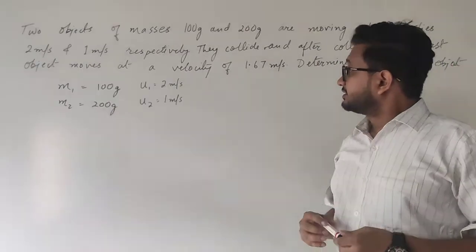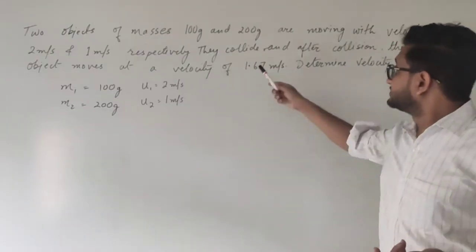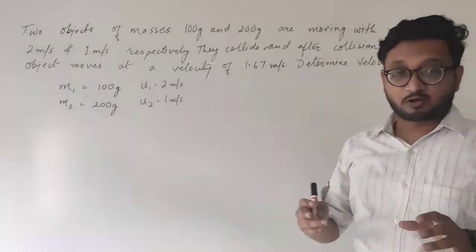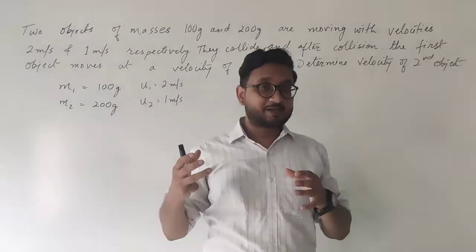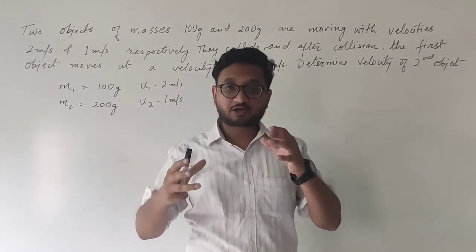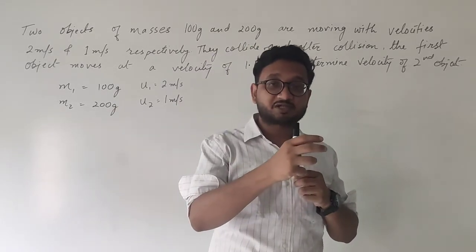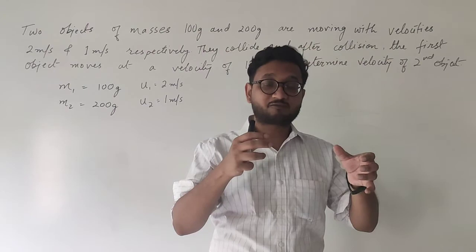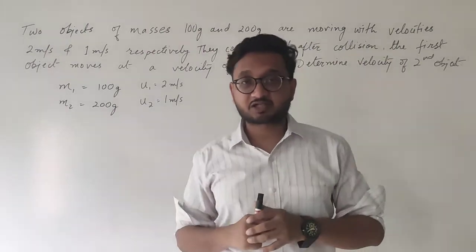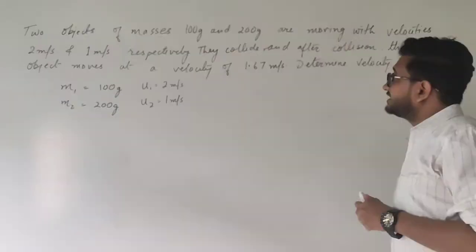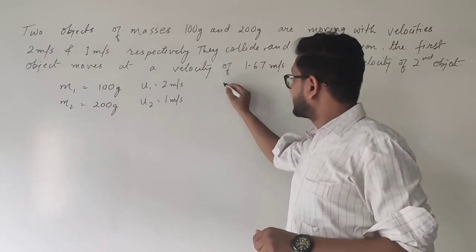Okay? Now the question starts. They collide, so obviously they are moving in the same line. Okay, so this is the object of 100 gram moving with the velocity of 2 meters per second, and we have another object of 200 grams moving with the velocity of 1 meters per second. So we have a situation somewhat like this.